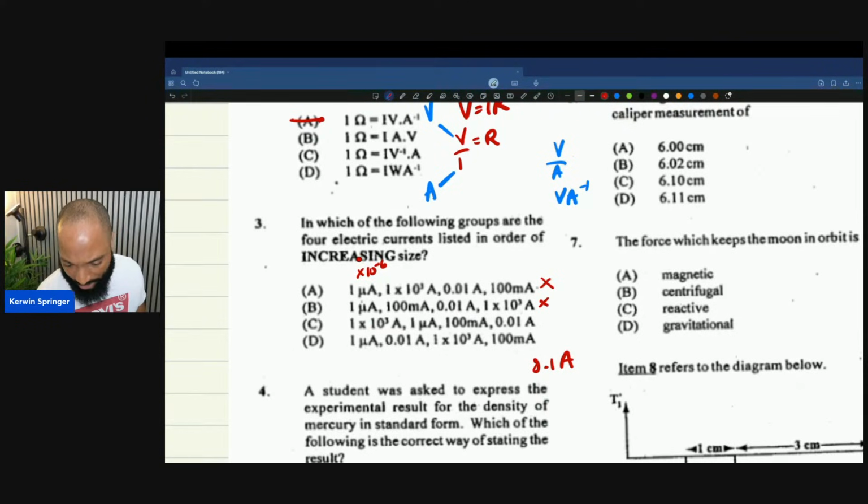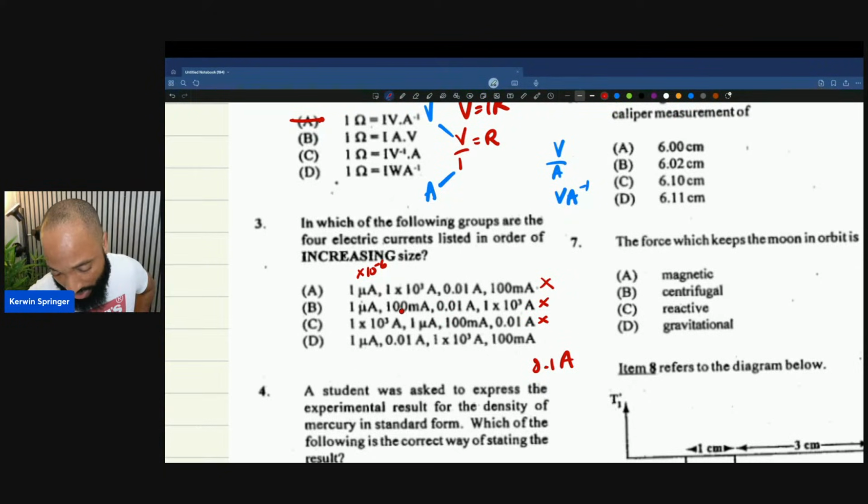You're working with me. Increasing size, this isn't good because it starts off with a pretty big one, 1 times 10 to the power 3. So this is my last hope here. 1 times 10 to the power 3 amps, 100 milliamps. None of them looking good. I need to check over this. Milli is 1,100 milliamps, and this is 0.01 amps.